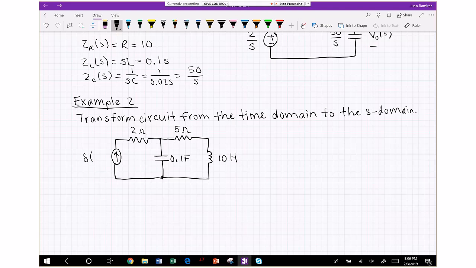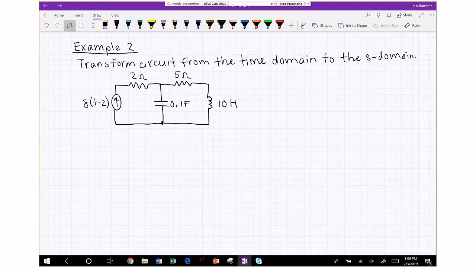And we represent the current input as a time-shifted delta function. Okay, so again, we're going to take each component and convert it into its S-domain model. The input current source is going to be equal to the Laplace transform of a time-shifted delta function. The Laplace transform of a delta function is equal to 1.